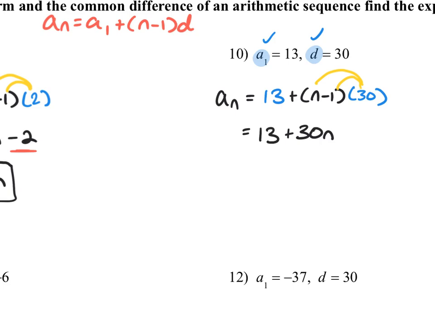And then 30 times negative 1 would give you a minus 30. Combining your like terms, which are 13 and negative 30, a sub n would be negative 17 plus 30n.